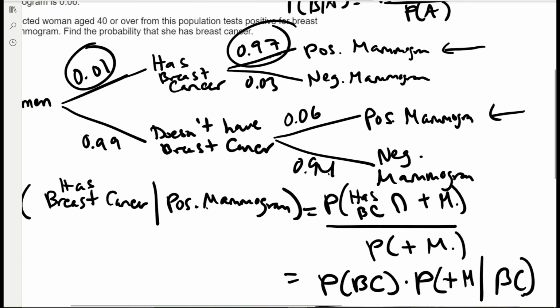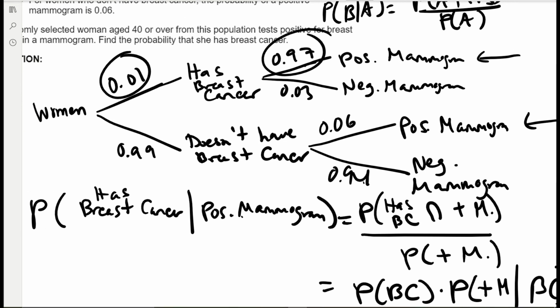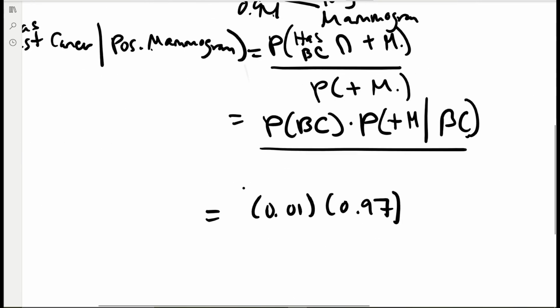So we'll have to do the probability that the person has breast cancer and tests positive, or doesn't have cancer and tests positive. Okay, that's the only way of getting this probability right here on the bottom.